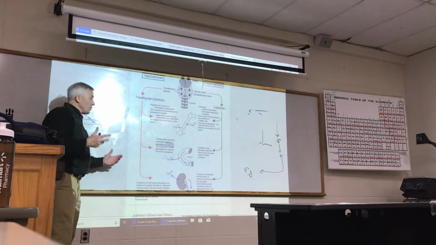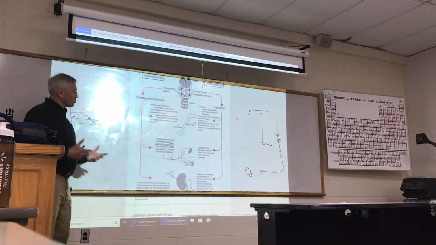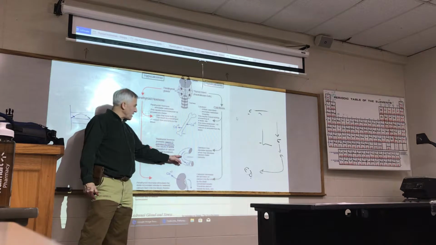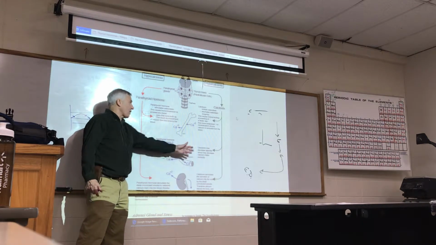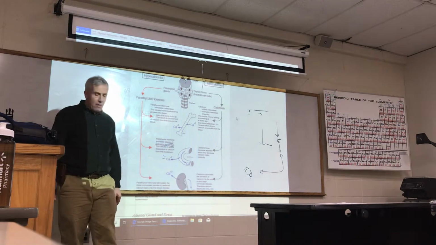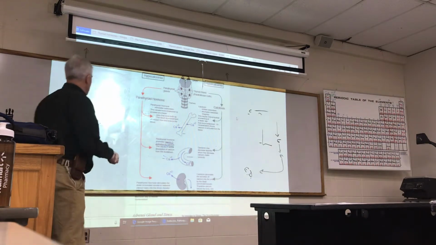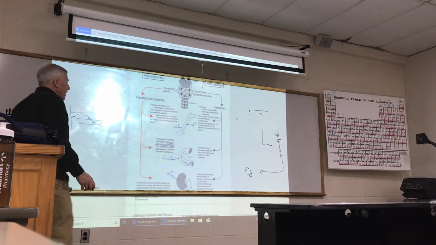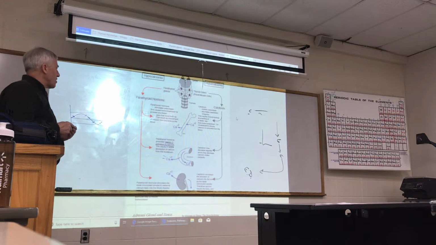And the result is you need vitamin D in order to absorb calcium. And so the result is my small intestine will now begin to absorb. Of course, I'm eating more, but now I'm absorbing it as well. Okay? And of course that too is going to help bring the blood calcium back up to the set point.